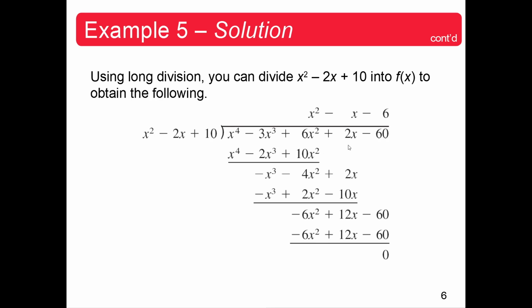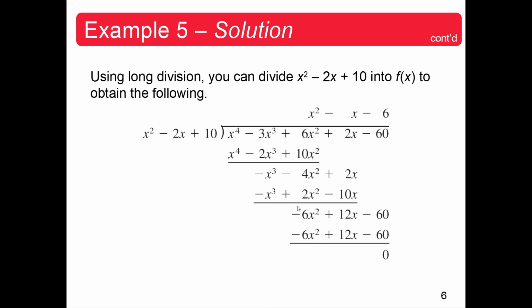We then continue the polynomial long division process by looking at our new leading term here. For our dividend, negative x cubed, but again, we divide it by x squared. Negative x cubed divided by positive x squared gives us negative x, the next part of our quotient. And we repeat the process. Take this part of the quotient times our divisor, x squared minus 2x plus 10 to give us negative x cubed plus 2x squared minus 10x, and just like before, we subtract it.